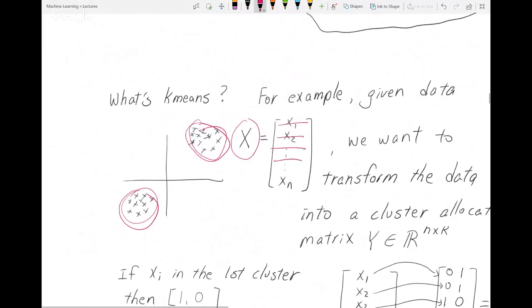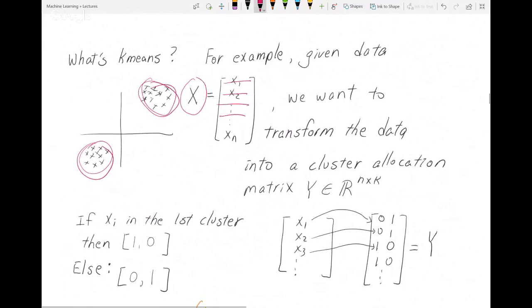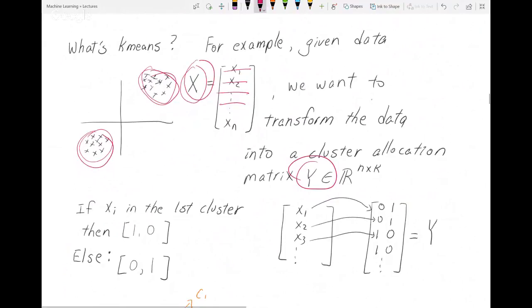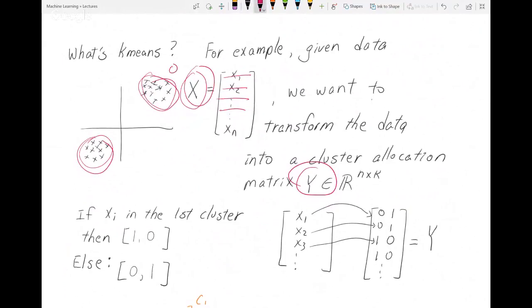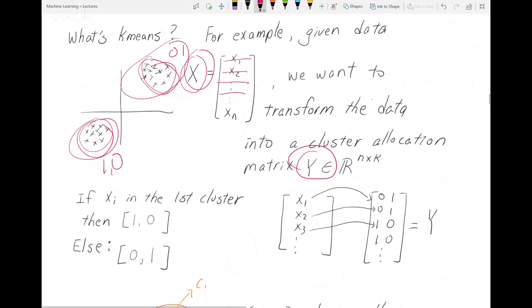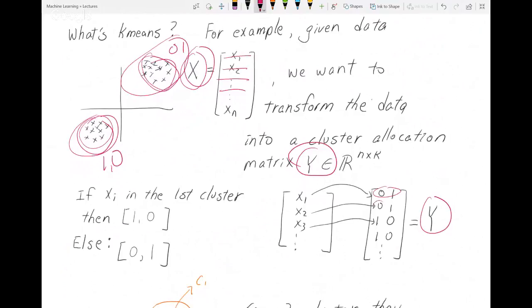We want to transform this X into some kind of Y. Y is going to be 0, 1 if it's the first cluster, and 1, 0 for the other. So 1, 0 will be the first cluster, 0, 1 will be the second cluster. We want to find the Y such that the cluster designation exists for every single data point. That's what we want to find.